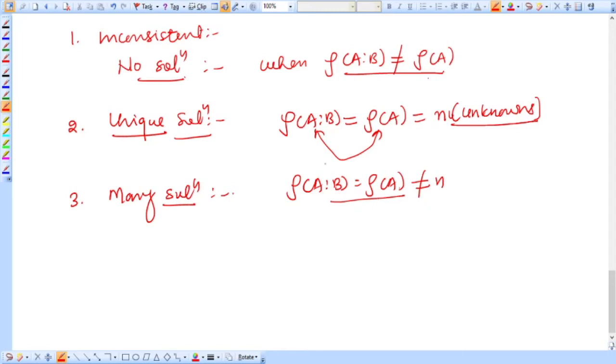If the rank is equal to n, then the system of equations has a unique solution. Otherwise, if it is not equal to n, then it has many solutions. If the rank of the augmented matrix and the rank of A are not equal, then the given equations have no solution.